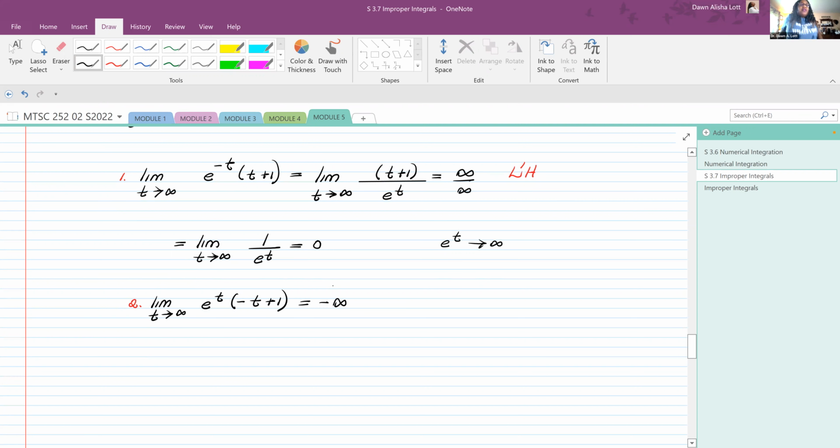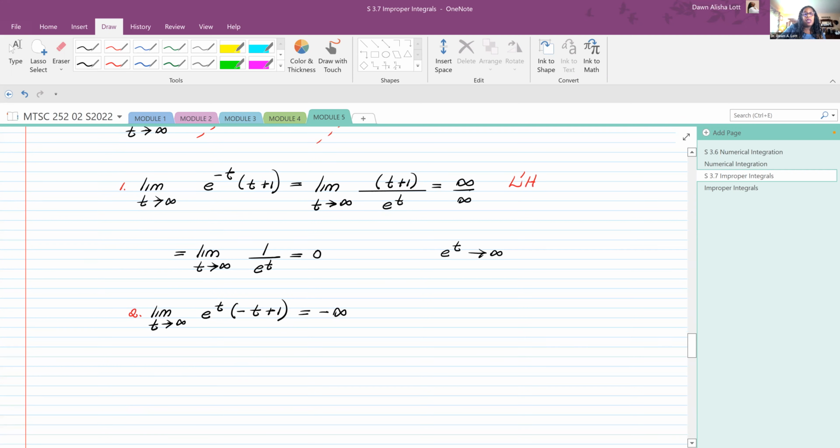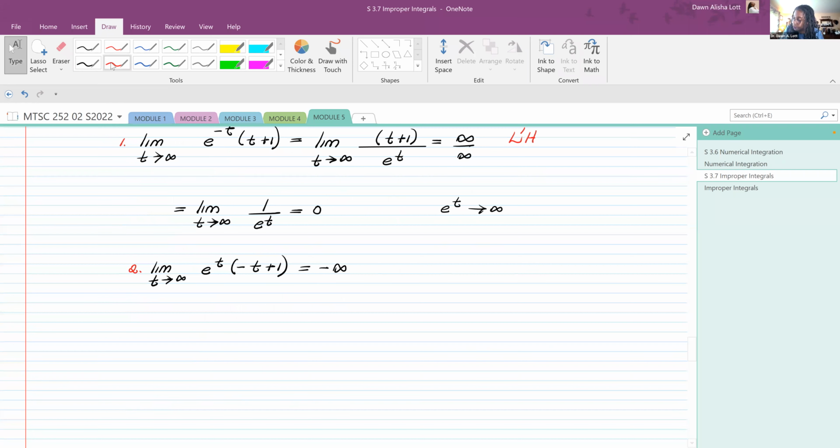Okay, negative infinity is not a finite number. It's less than infinity, but it is not a finite number. So therefore, when I go back and look at this integral, this piece goes to 0, but this piece goes to negative infinity. So therefore, this integral does not converge. So this diverges.